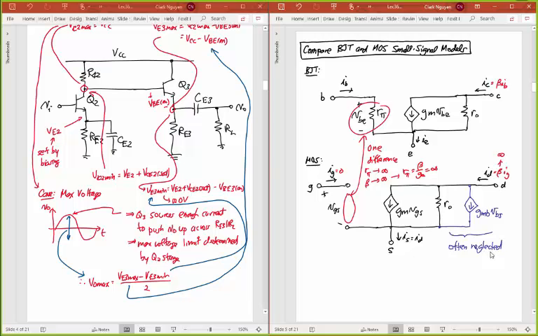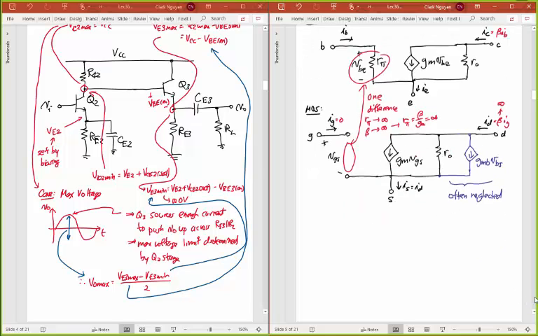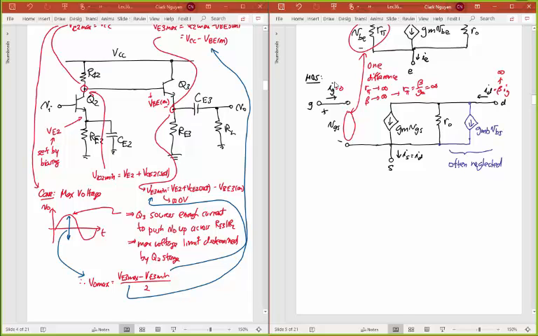But for right now, let me just say that I can make the MOS model exactly the same as my bipolar model if I take this often neglected GMB VBS here and hook the MOS transistor up like this. And you've seen this before, where I'm now tying the source to the bulk.